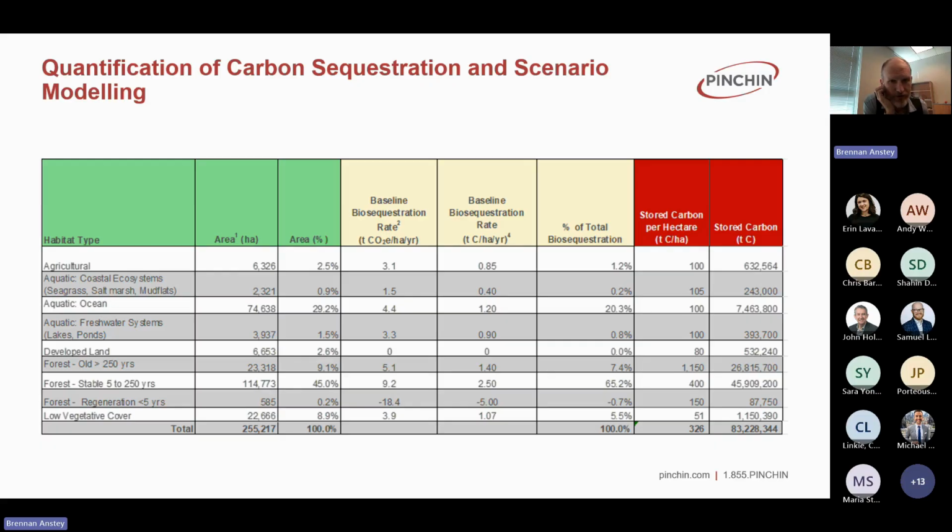So if we do that, and then you kind of scroll down the beige column furthest to the right next to the red, it's a little bit smaller on my screen, but it looks like forests were the biggest one. And kind of the medium age forests where we had the most of them, also sequestered the most. So that's kind of a notable finding. We'll come back to that in a bit. And then in the red, we also looked at how much stored carbon was within these ecosystems.